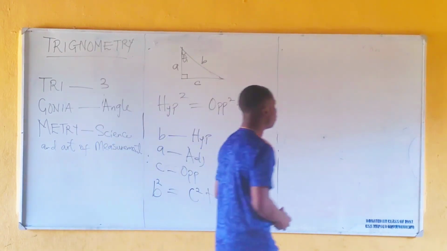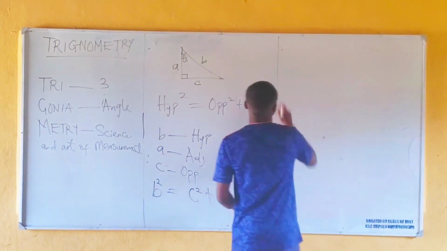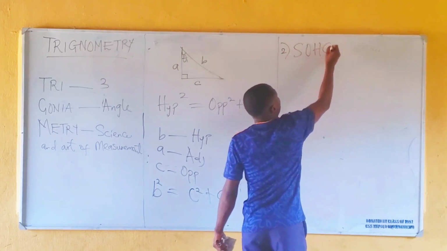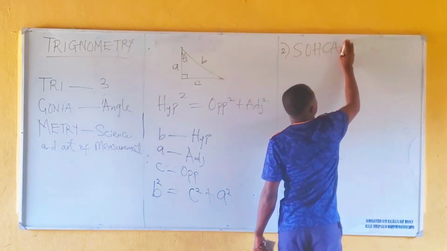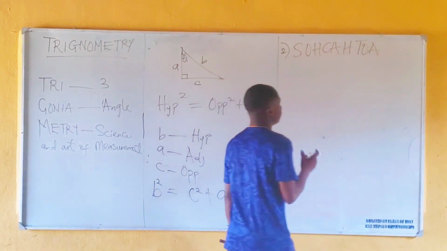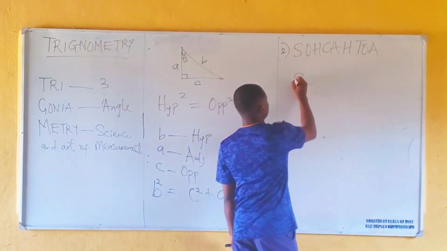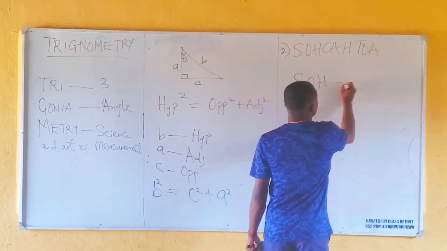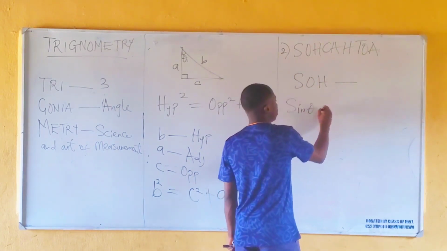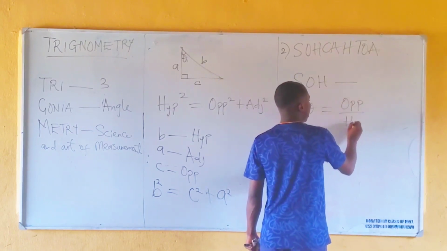And also the second formula you will be using when solving any problem in trigonometry is SOHCAHTOA. It is an abbreviation. So SOH means sine theta equals opposite all over hypotenuse.